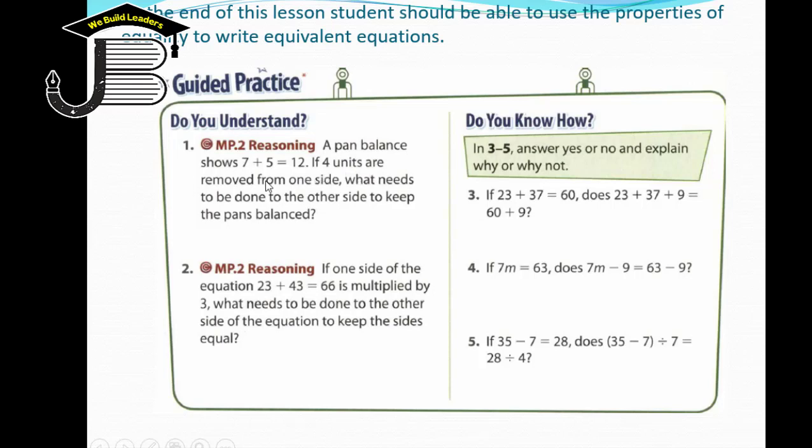If 4 units are removed from one side, what needs to be done to the other side to keep the pan balanced? To keep the equation correct, what happened to the first side should be done to the second side. Because we removed 4 units from the first side, we need to remove 4 units from the second side.